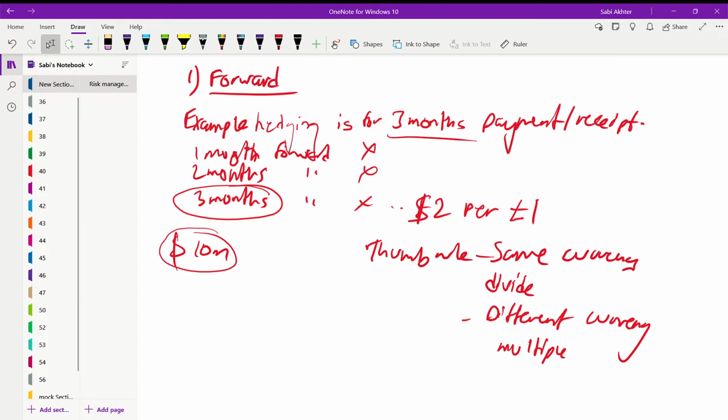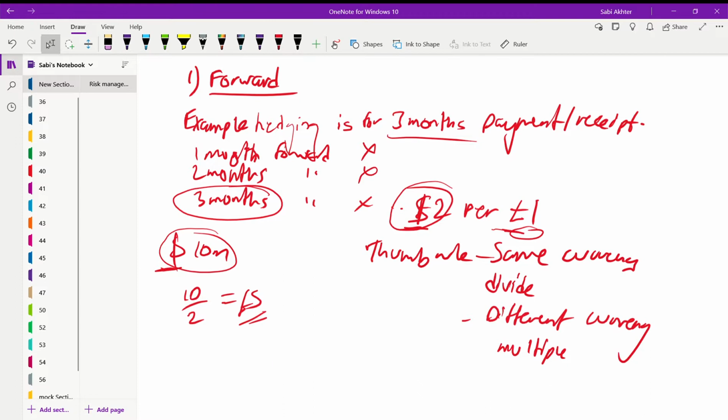You have to divide if you want to find it in terms of pounds, because this is in dollar and this is also in dollar. You decide by the counter currency, not the base currency. The counter currency is the one on the left side, not the one denoted as 1. So you see whether it's the same currency. Here in this case, it will be 10 divided by 2, 5 million pounds. Simple.